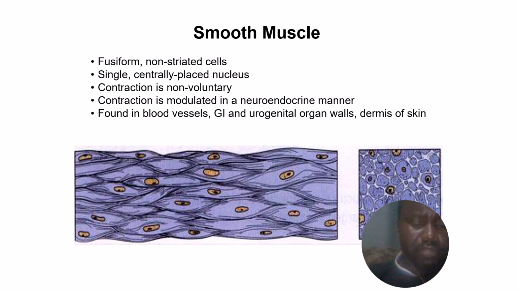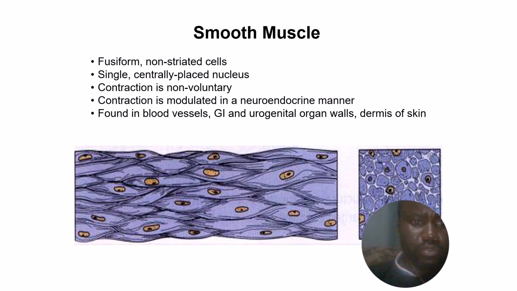In terms of the histology, I think we've already discussed it and you can actually see the shape of the cells. You also need to remember that they are unicellular. You also need to remember that they are autonomically controlled. You also need to remember their contraction is modulated through the endocrine manner.